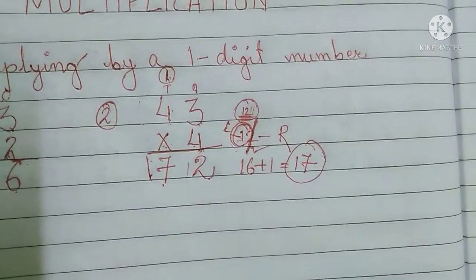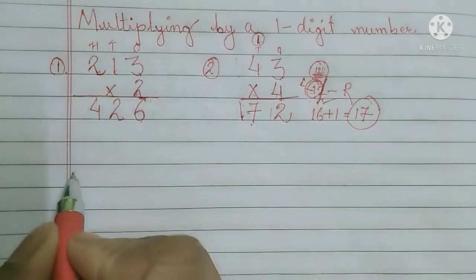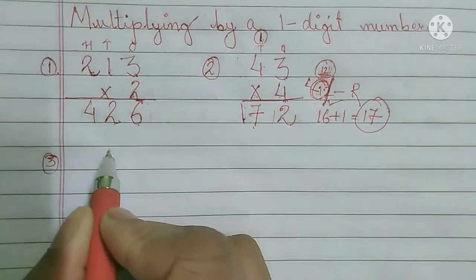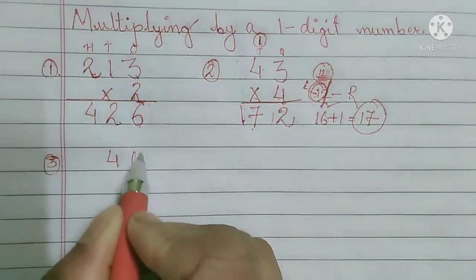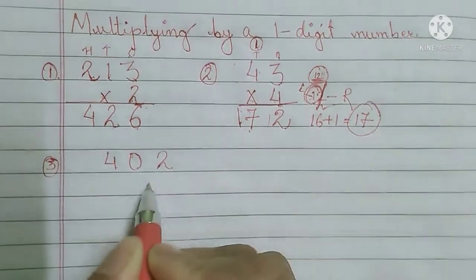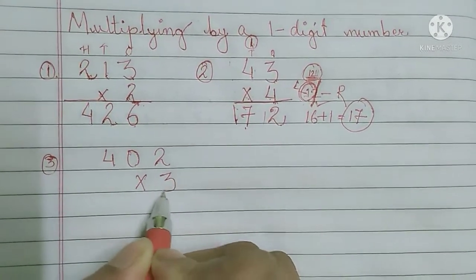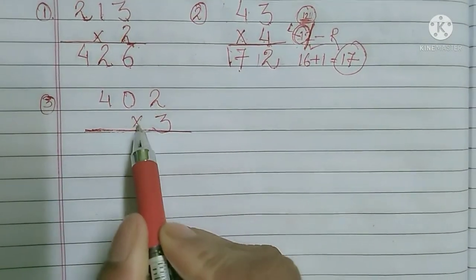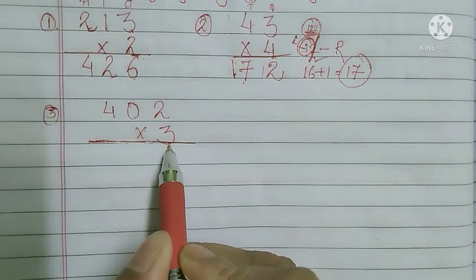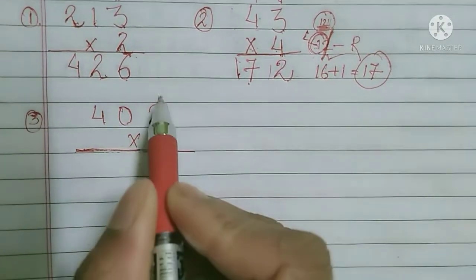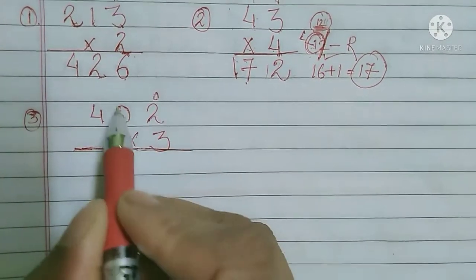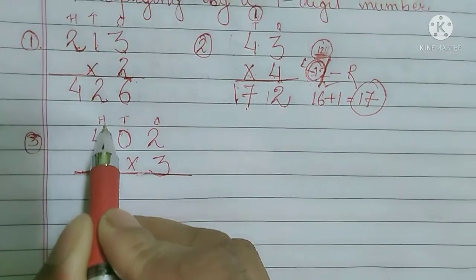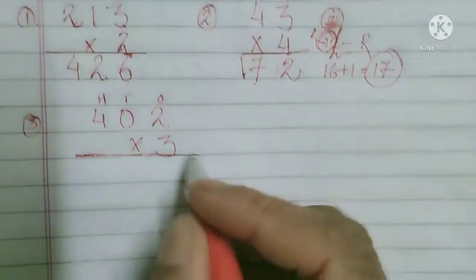Okay, let's take another example of 402 multiplied by 3. Now let us multiply 402 by 3. 2 is at ones place, 0 is at tens place, and 4 is at hundreds place.